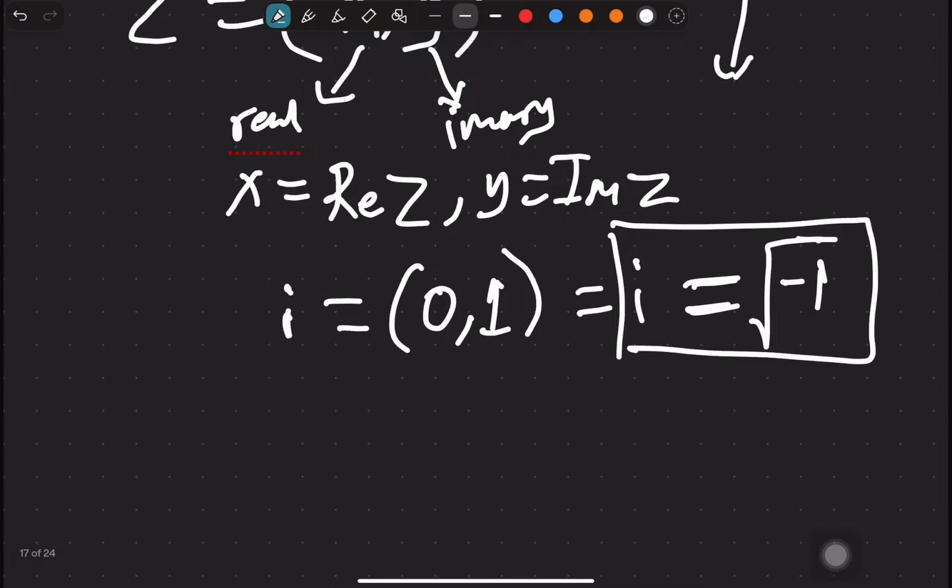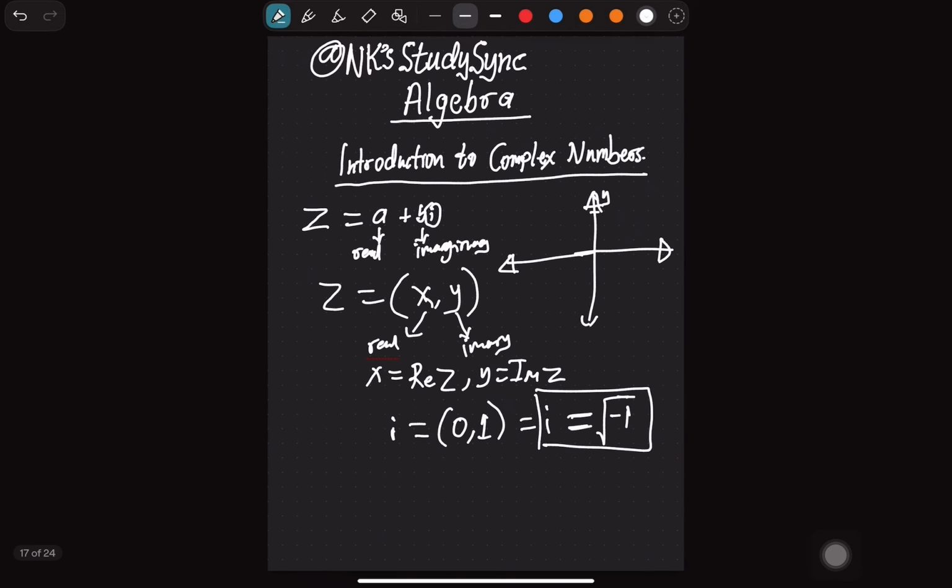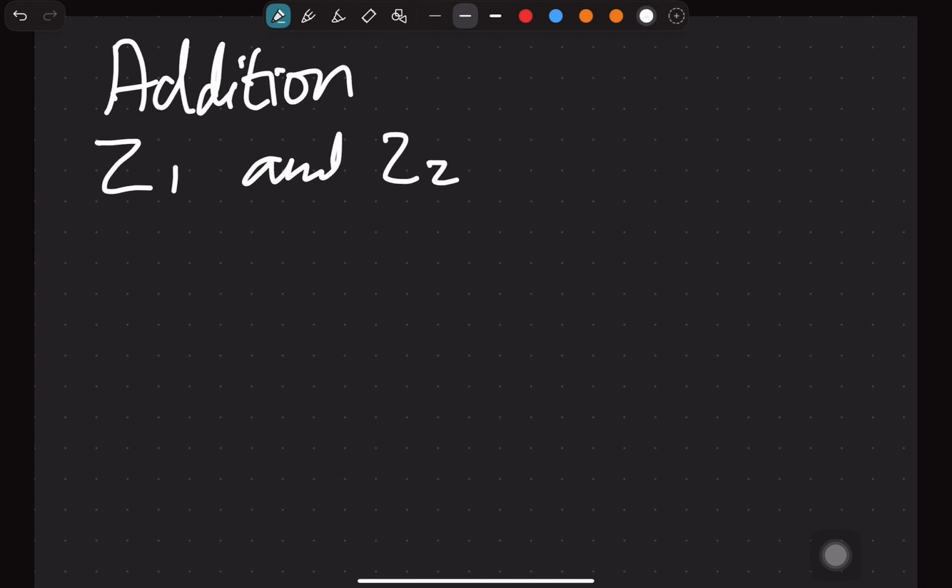Let's look at some operations on the set of complex numbers, like addition and multiplication of complex numbers. Now let's move on to the addition of complex numbers. If we have two complex numbers, let's say z1 and z2, then z1 has its real part a1 and its imaginary part b1i.